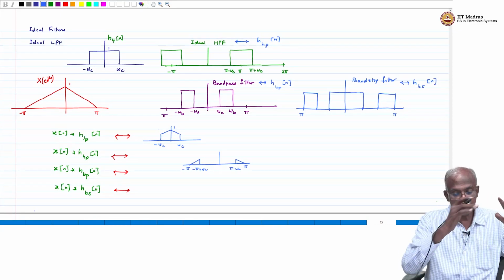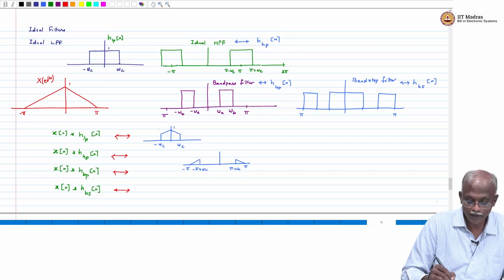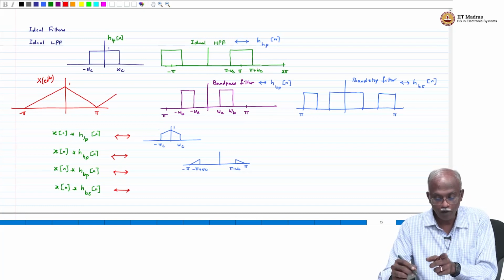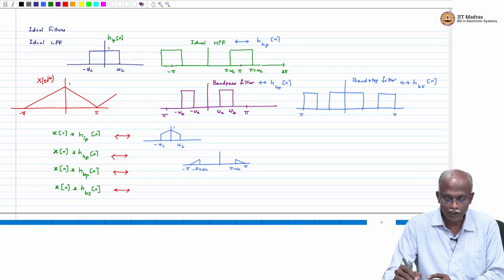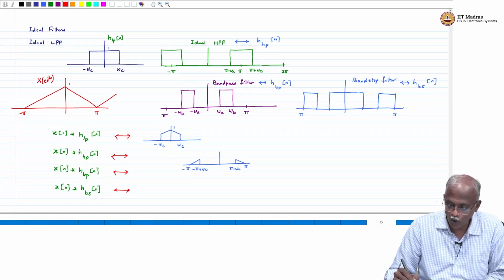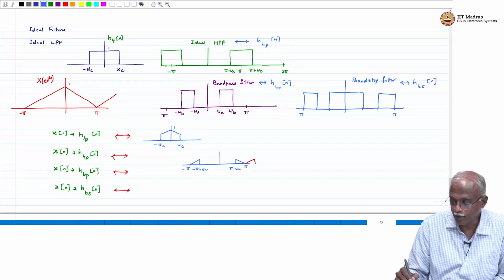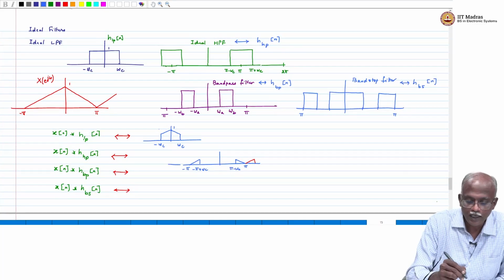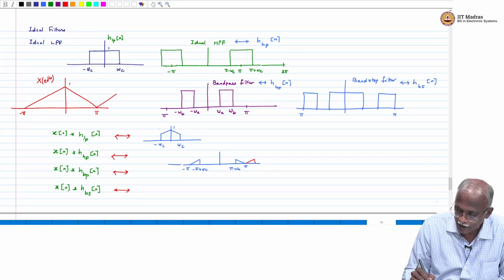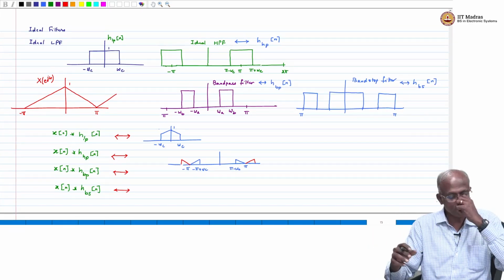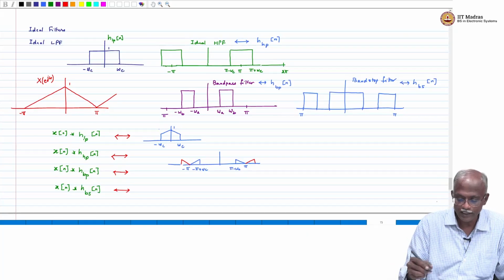Remember, this signal is periodic, and in the context of a high pass filter, notice that beyond pi also there will be the next copy of the signal. That will also be visible in the sketch that we are doing. So basically the tail part of the spectrum is what the high pass filter is capturing.